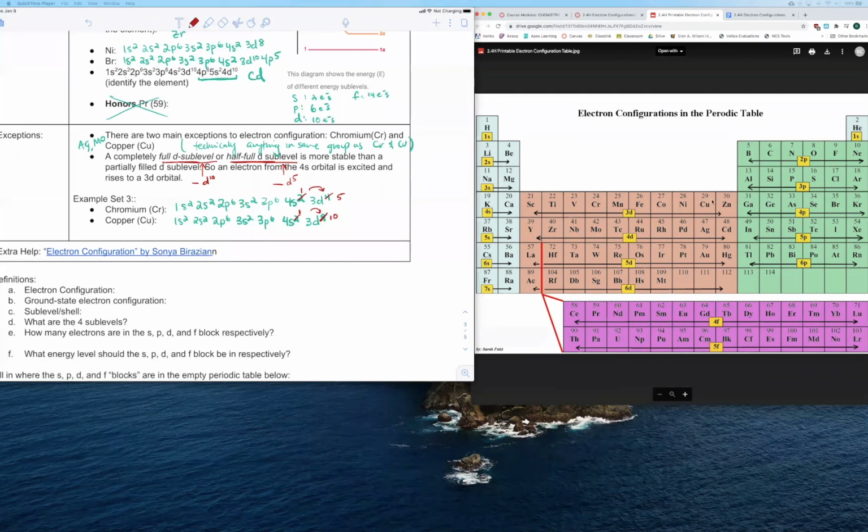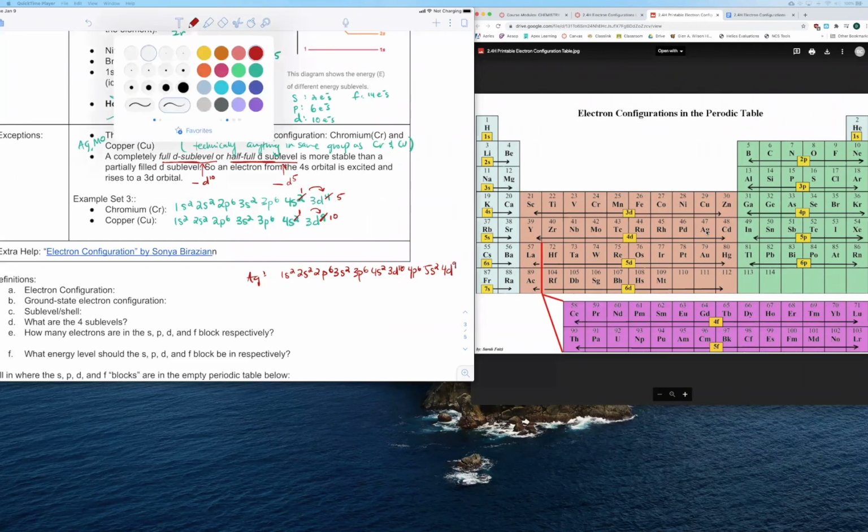Same thing for silver. Silver would also be an exception. So if I write silver's electron configuration, it's kind of long, so bear with me. 3d10, 4p6, 5s2, 4d9.